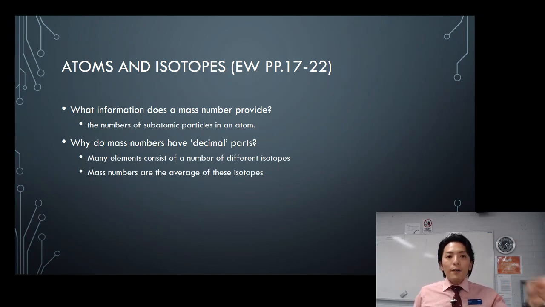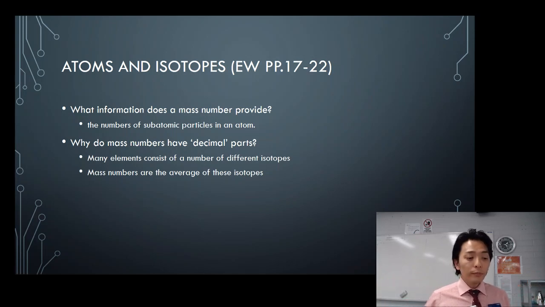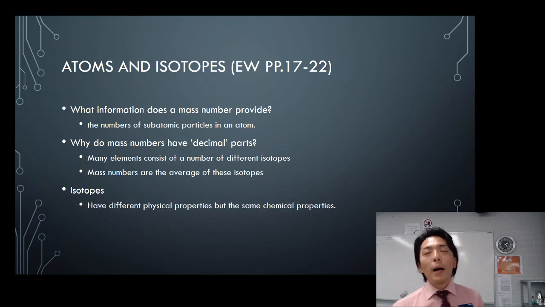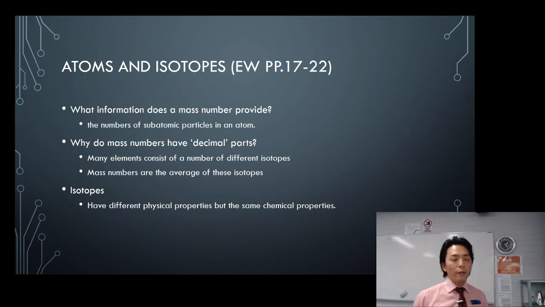If you average the mass of everyone there, you'd probably get 12.01 because certain people have a bit more mass to them. So that's how the decimal part is included. On average, 12.01 is the mass number for carbon.